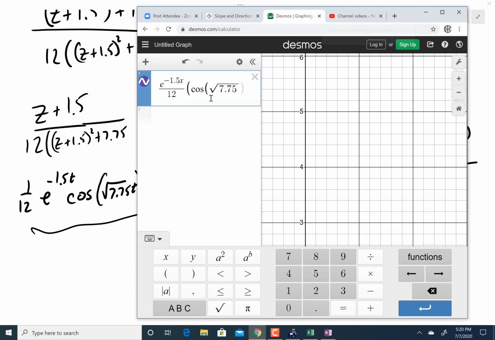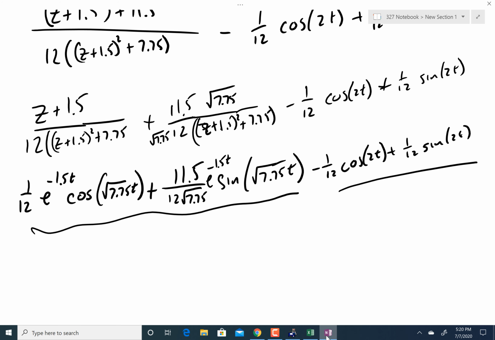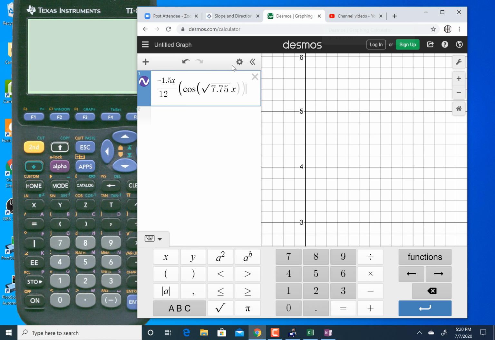Don't forget to arrow over to get out from underneath of that. And then plus 11.5 sine of the square root of 7.75x. Okay, now we're out of that.